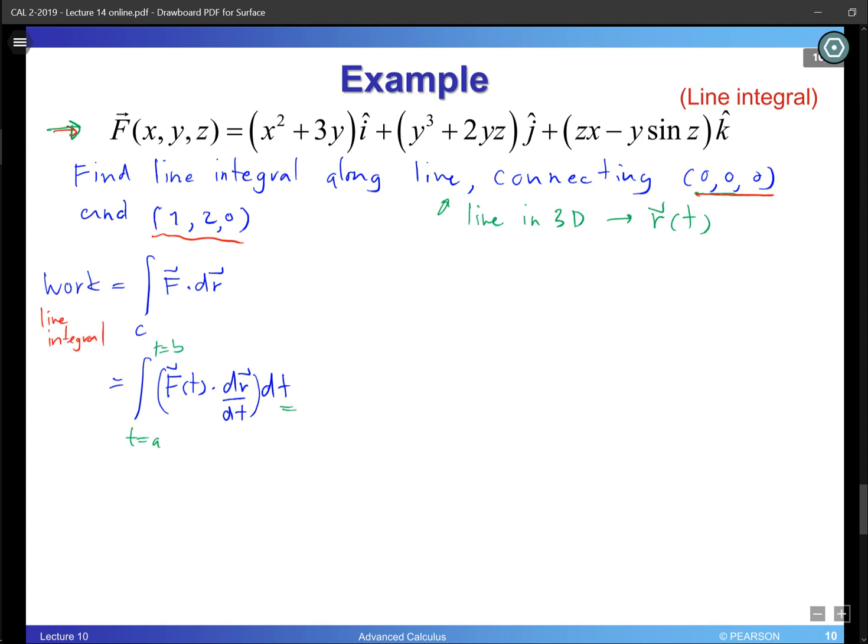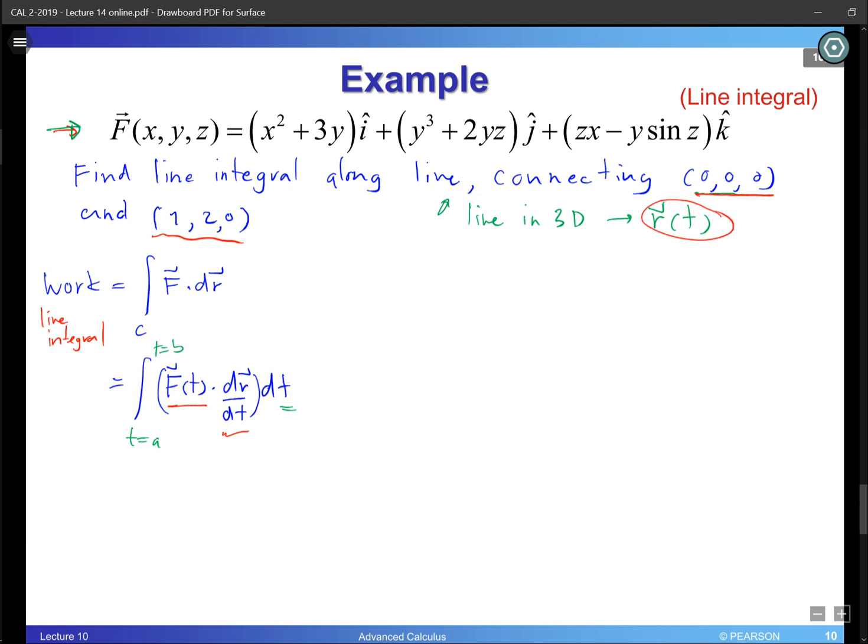we need two things. We need the vector field, which we already have from the problem, but what we don't have here is the r. This we don't have it yet. So let's find out what this r of t is going to be.